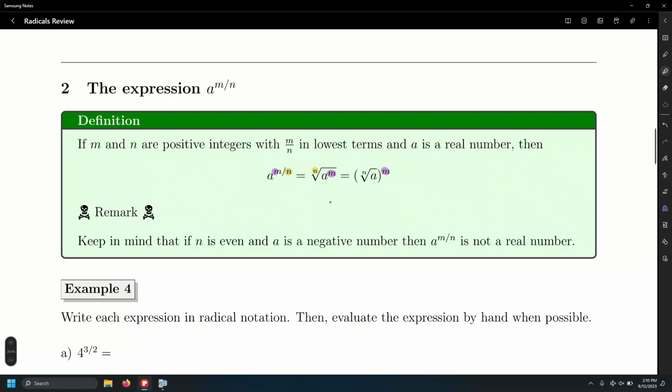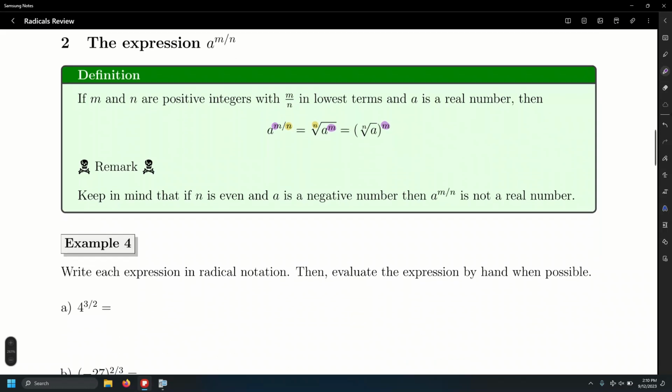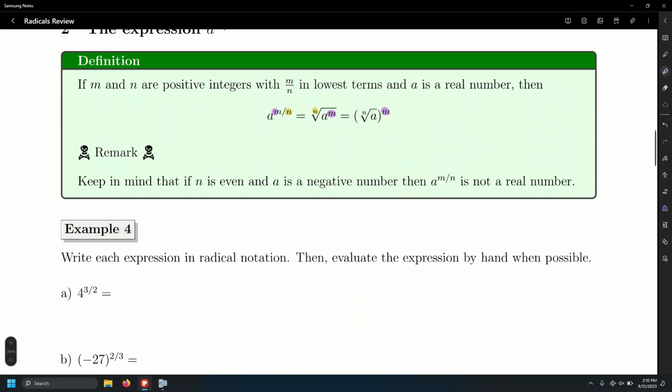It's important to take this into consideration, as we'll see in different case scenarios. And again, the same remark: if we have an even index, we cannot take the even root of a negative number, because that's not a real number. All right, let's see this in action right here.